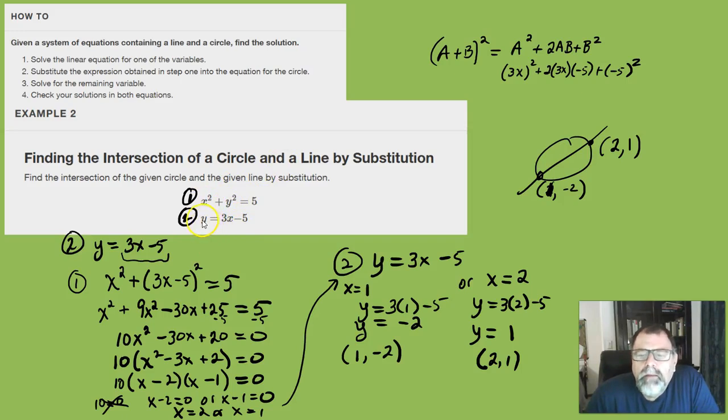And if I put in the 1 for the x and the -2, you get 3 minus 5 is -2. Right, so you check each point in both equations, so you have to do 4 checks.